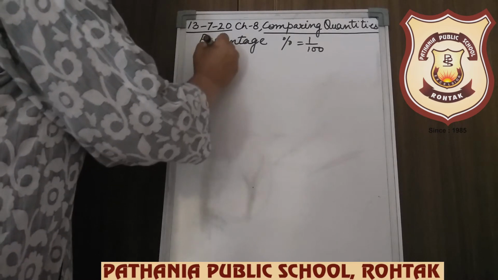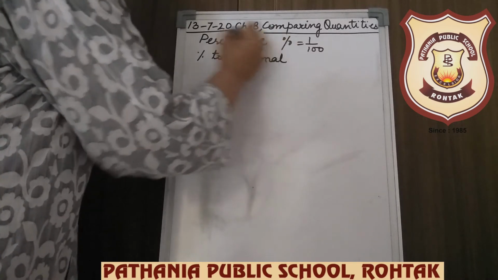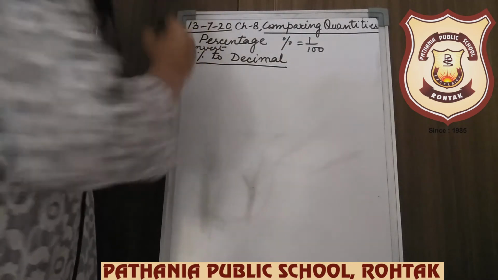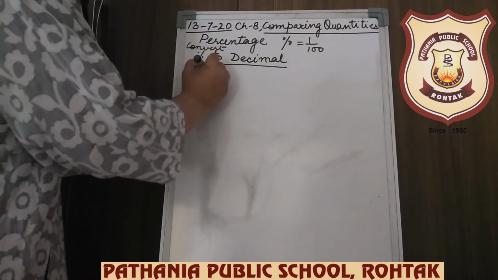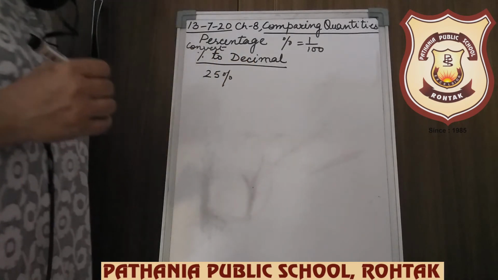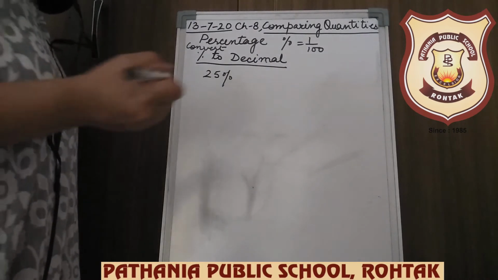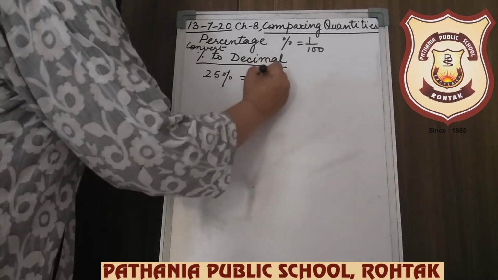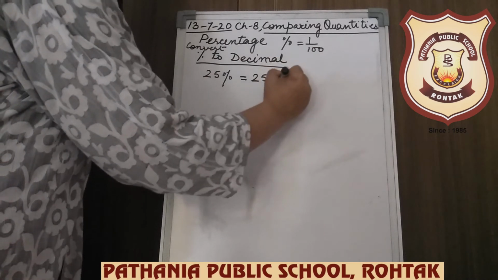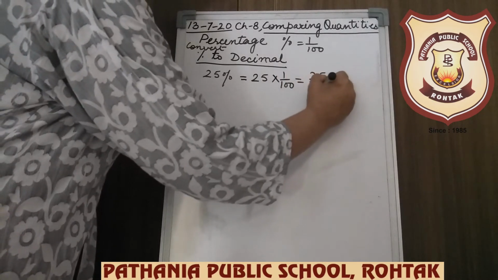First, percent to decimal. How will you convert percent to decimal? Suppose you are given 25%. You are given 25% and you have to convert this 25% to decimal. Now, what I told you, here also I have written this percent means 1 upon 100, which is equal to 25 divided by 100.